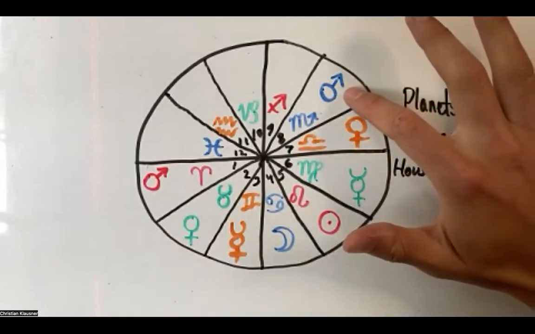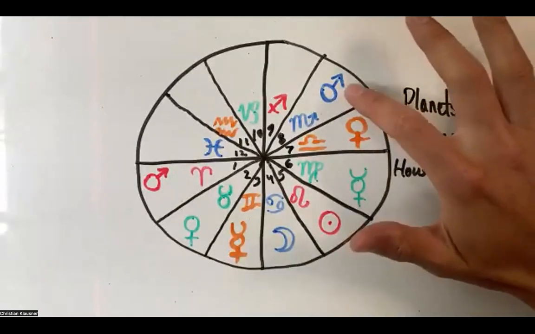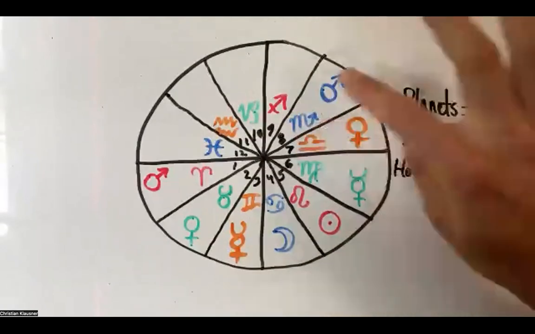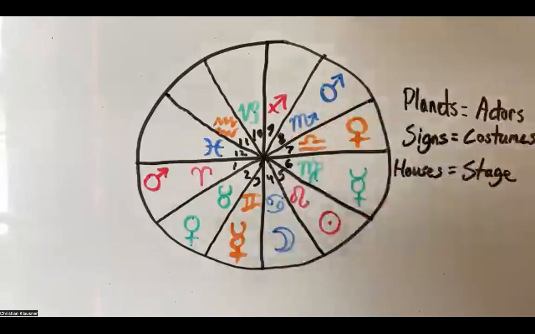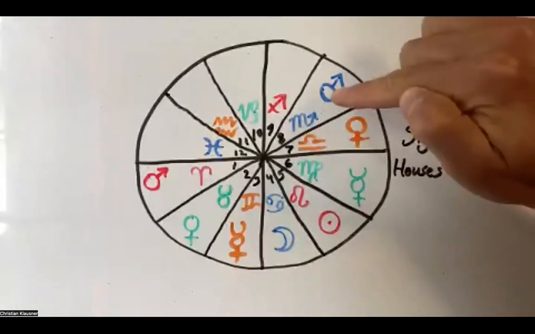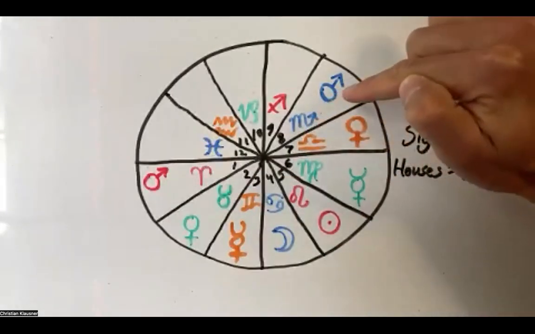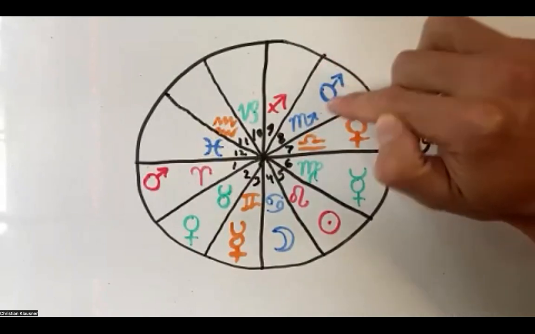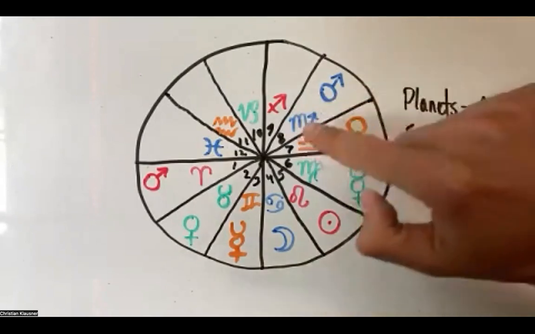So this is the night face of Mars because it's water, which is feminine, which is the night. So this is the part of Mars which shows how Mars is all about desire, especially since it rules this sign of sexuality.